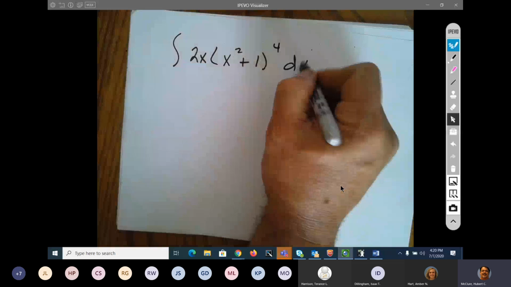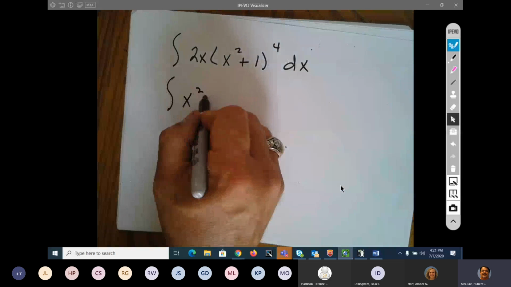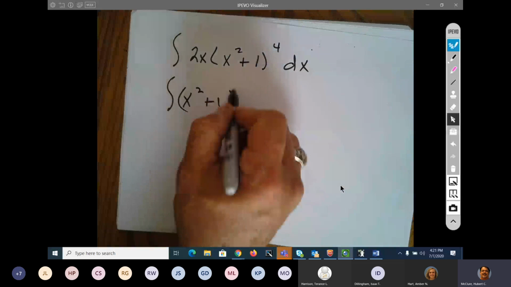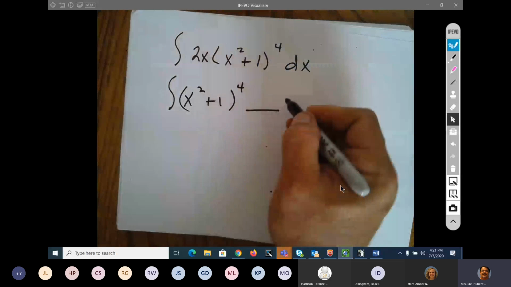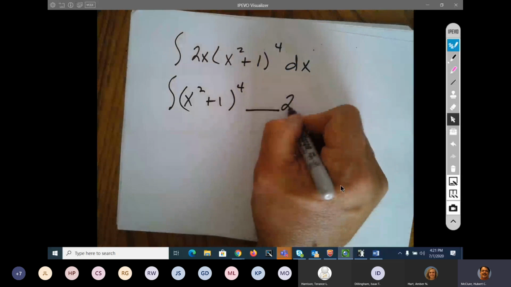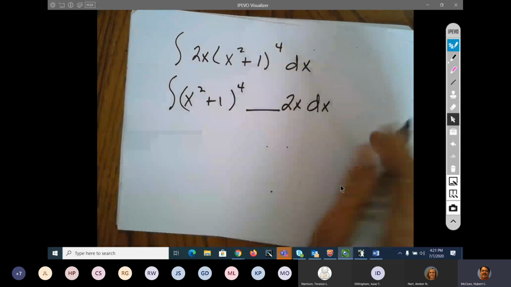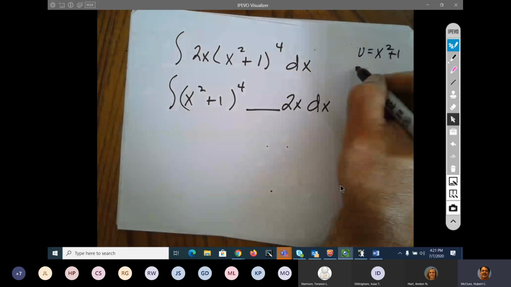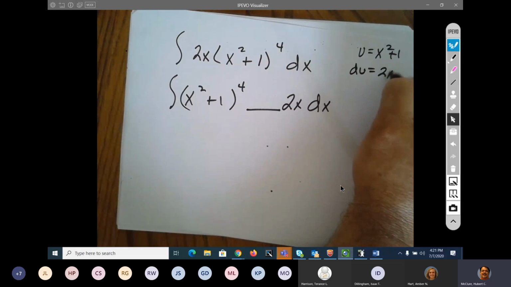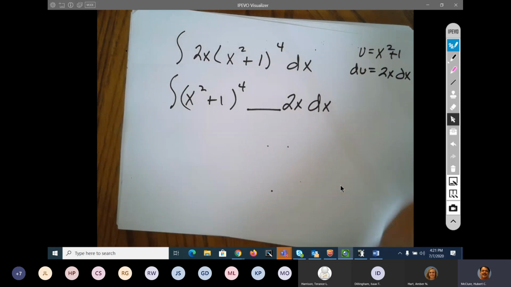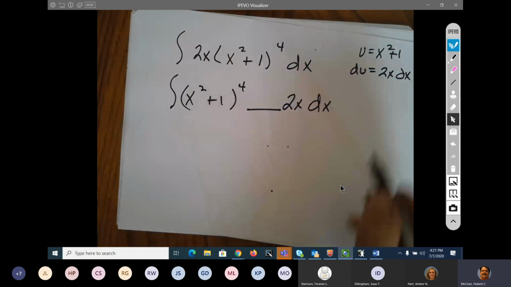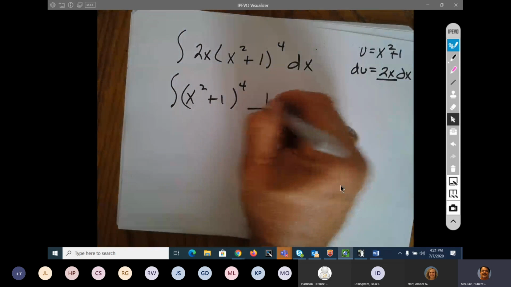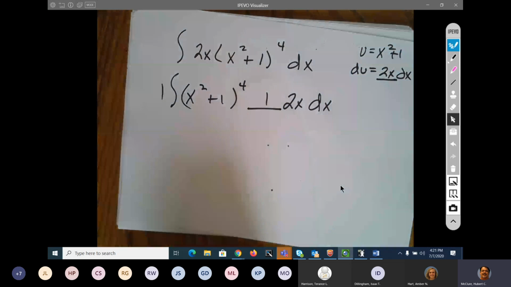I'm going to rewrite it using the Hubertism. x squared plus 1 to the fourth, 2x dx. u is equal to x squared plus 1. du is equal to 2x dx. What do we need? Nothing, they're saying. So put a 1 there.